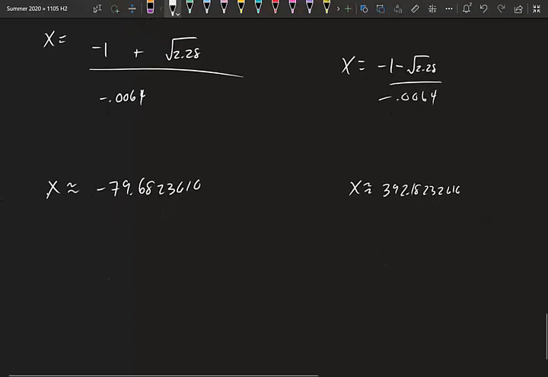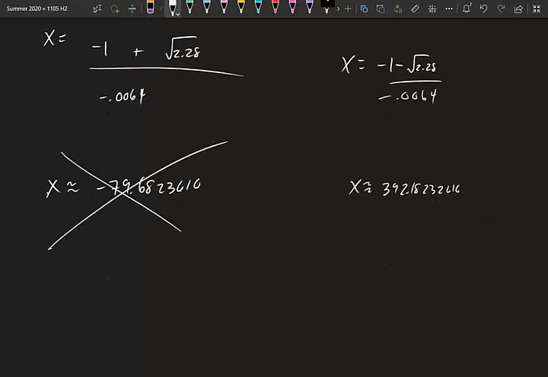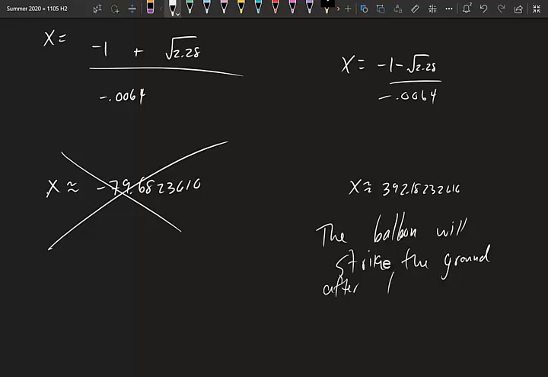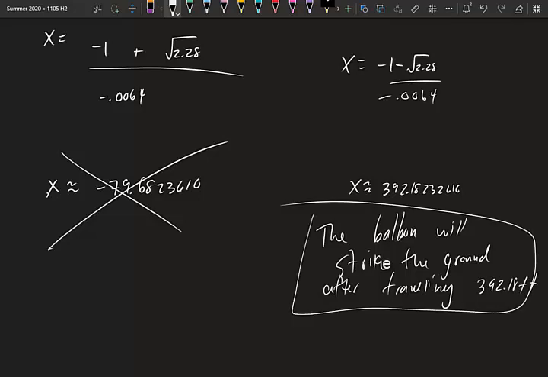Distance is always positive, so the negative is not an answer. So the balloon will strike the ground after traveling 392.18 feet.